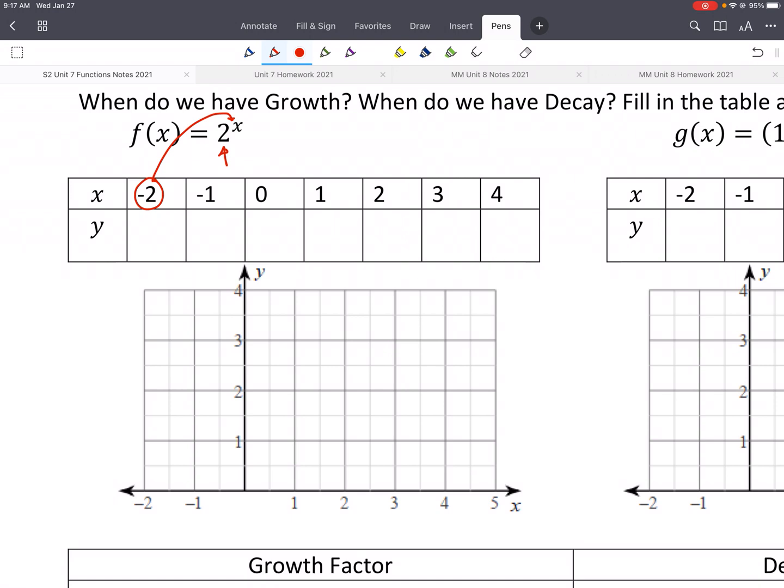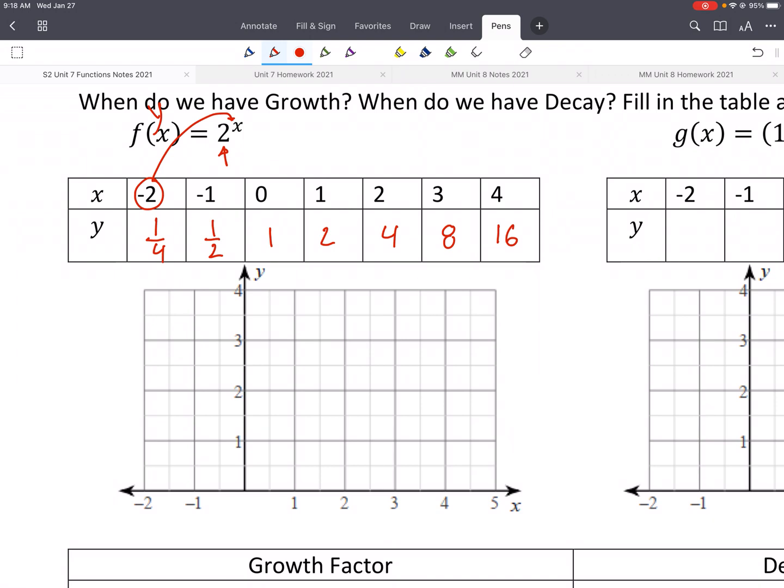That's probably what I would suggest. So if you have your graphing calculator, plug that in. This would be like your y equals 2 to the x, and then graph it. Or do second graph, gives you a table. So you'll end up getting something like 1/4, 1/2, 1, 2, 4, 8, 16. So it gets doubled every time.